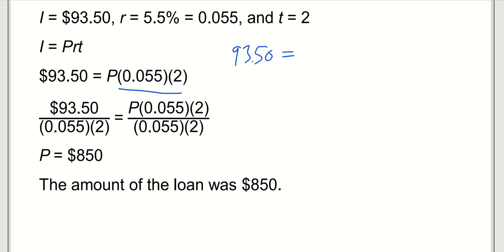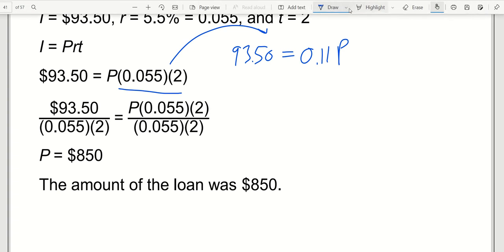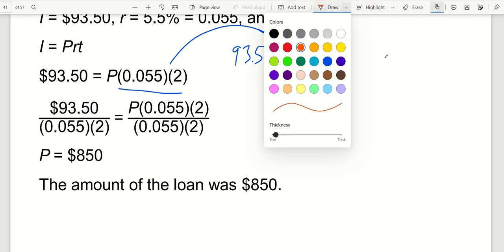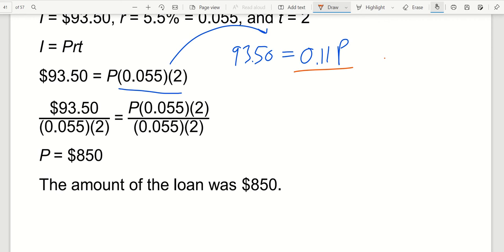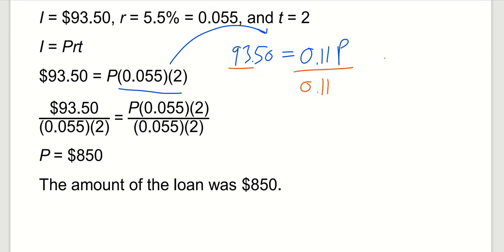So we know that 93.50 would be equal to 0.11 times P. And then, as we saw in the equation section, in order to get the P by itself, we would need to divide both sides by 0.11.